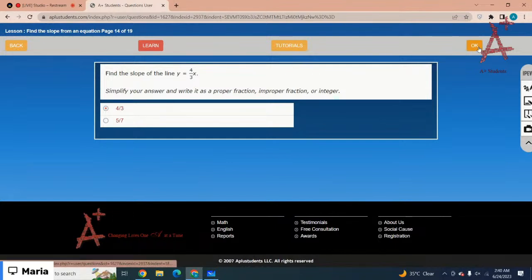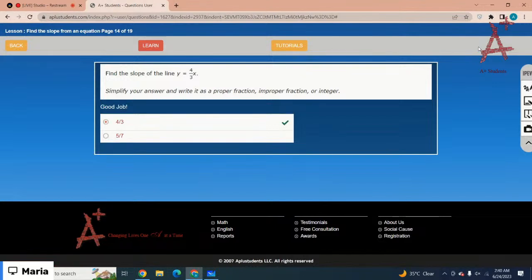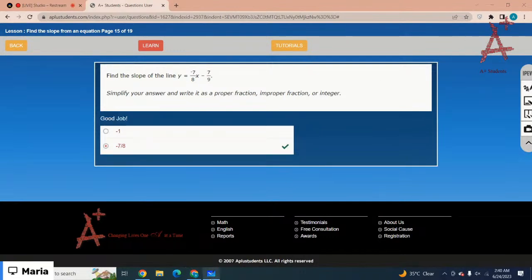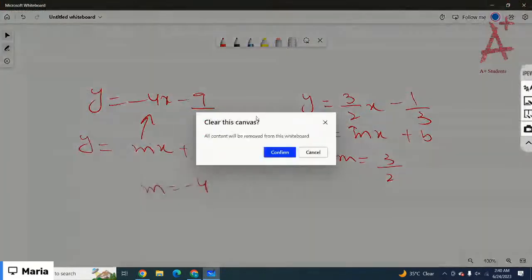Got it? Find the slope of the line y equals negative 7 over 8x plus 7 over 9. The slope of the line is negative 7 over 8. Got it? Okay, you can complete the test by yourself later today.